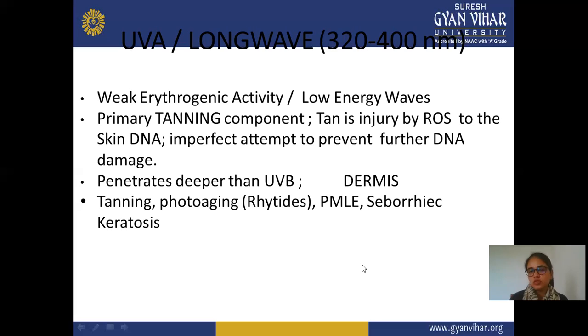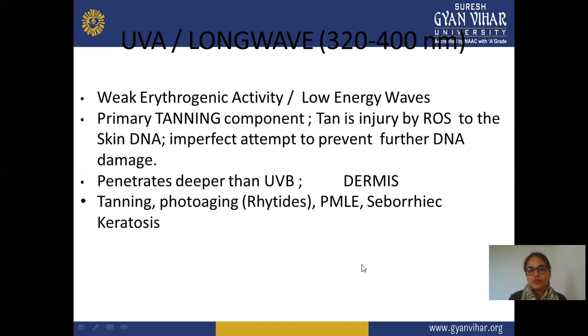The energy of the waves is low, and it is the primary tanning component; tanning is an injury by ROS to the skin DNA, in fact an attempt to prevent further DNA damage. Hence it directly affects the inside of your skin, may damage your DNA, and may tan your skin. UVA penetrates deeper than UVB, into the dermis, meaning it is more harmful than B and C.